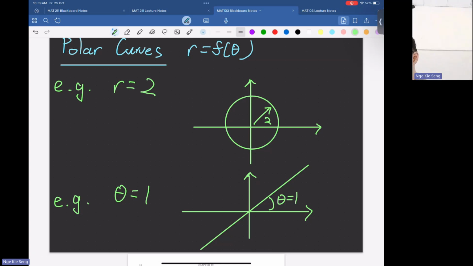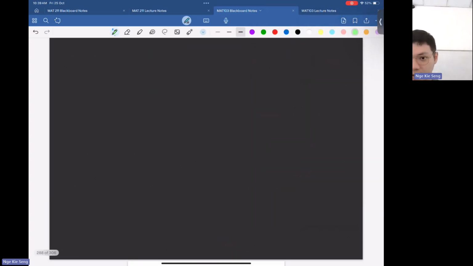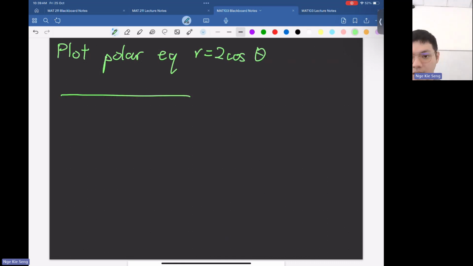Since you have seen this, I want you to work hands-on now. Try and plot the following polar equation: r equals 2 cos t. I suggest some angles for you to plot.